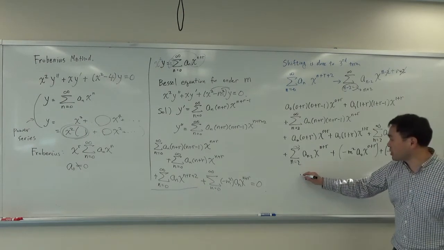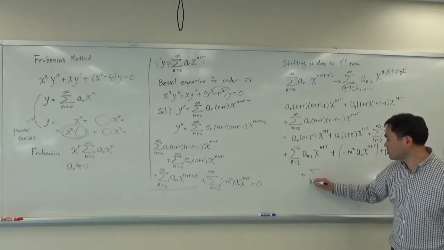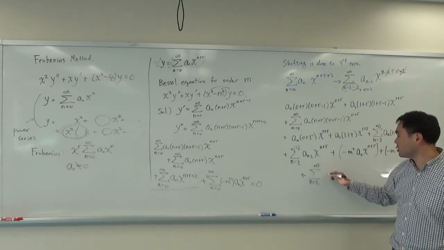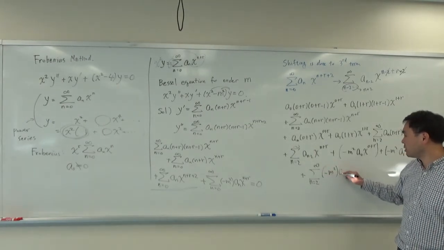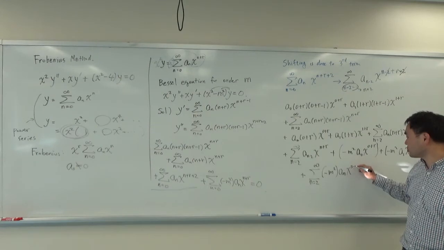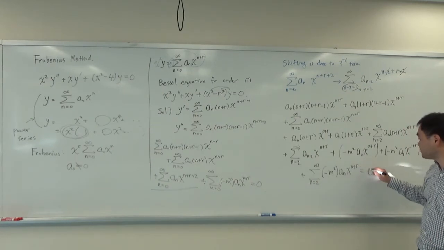And then we have the summation from 2 to infinity of negative m squared a_n x to the n plus r, equal to 0.